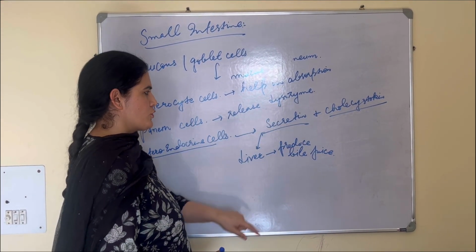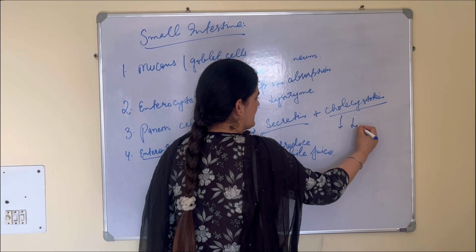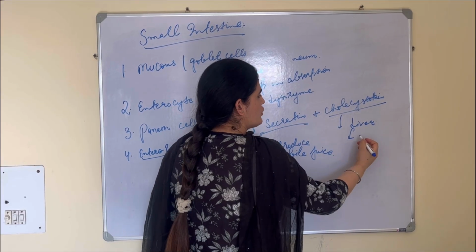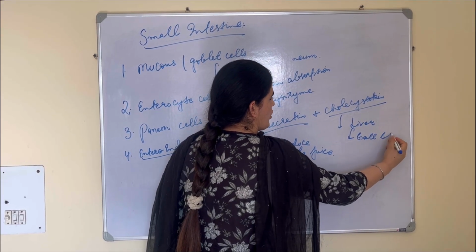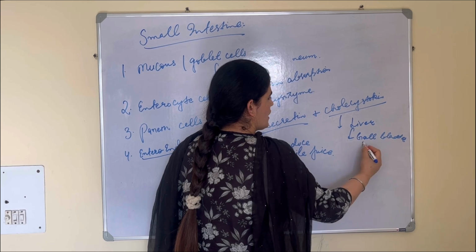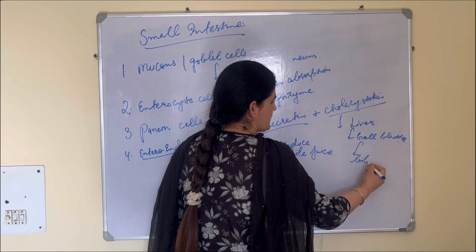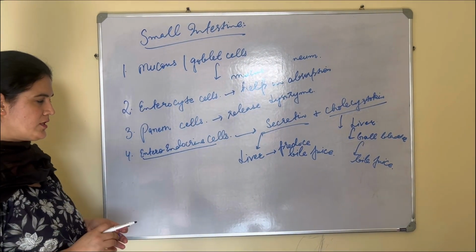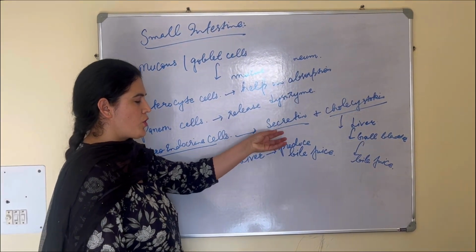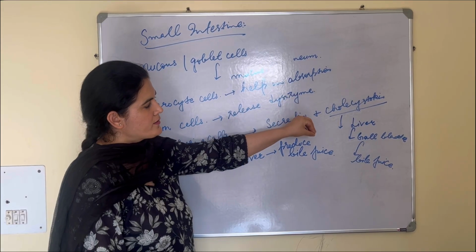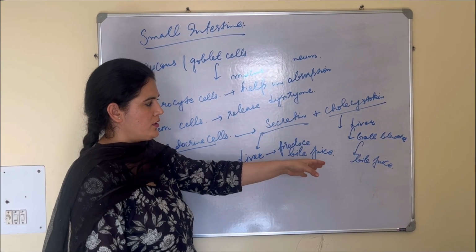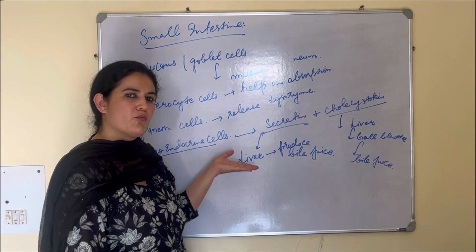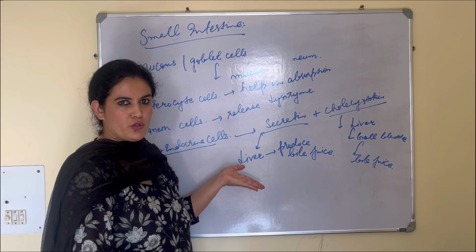And then cholecystokinin stimulates the gallbladder, where bile juice is stored, to release bile juice. So secretin helps the liver in the production of bile juice, and cholecystokinin stimulates the release of bile juice, because they play an important role in the digestion of food.